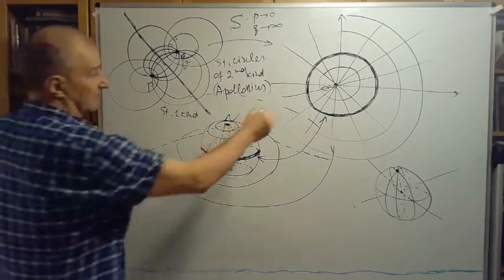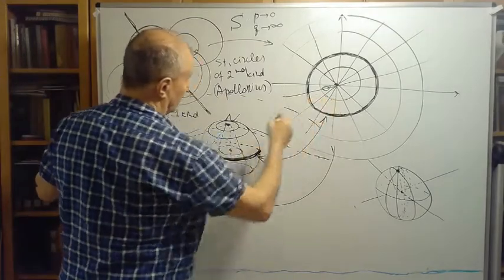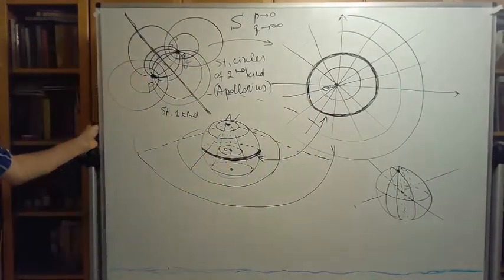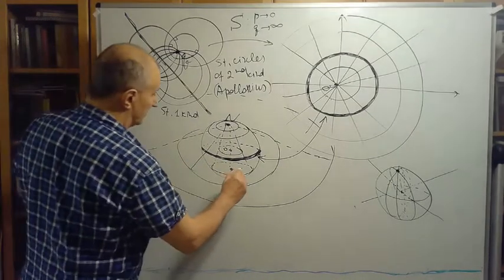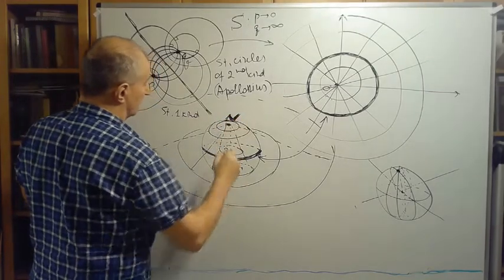Inside it will be circles like this. This is a smaller one, this is a smaller one around the origin. So this will be the origin. Yes? The origin will be the stereographic image of the south pole, and infinity is the stereographic image of the north pole.